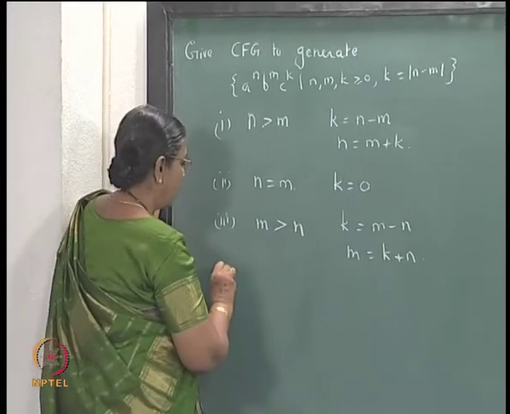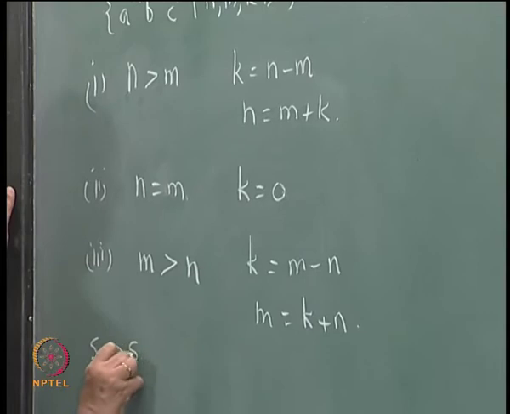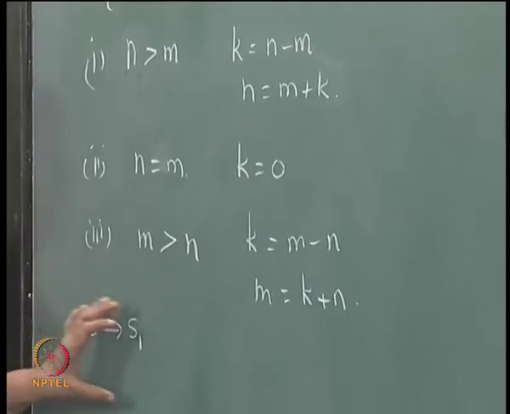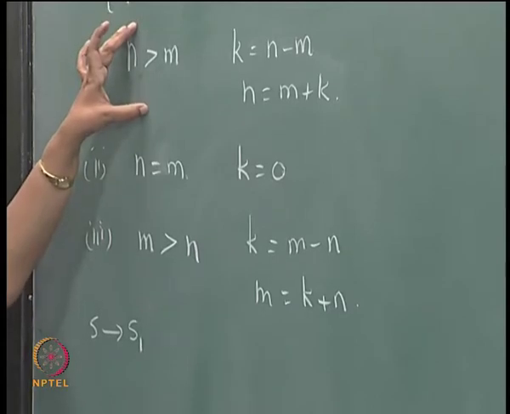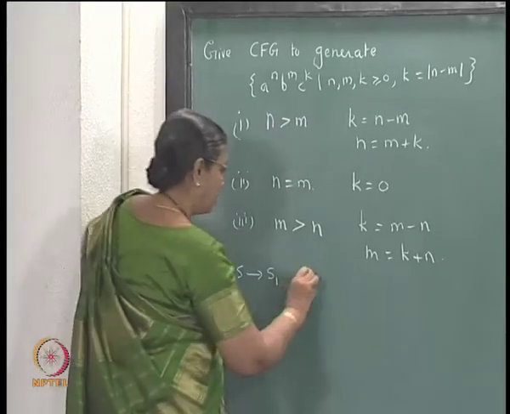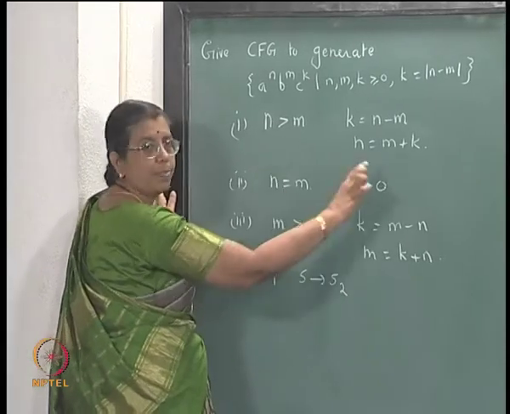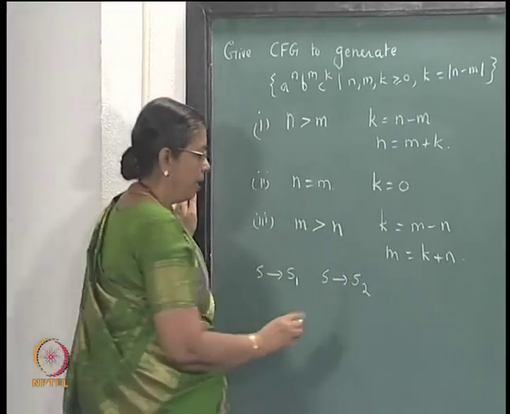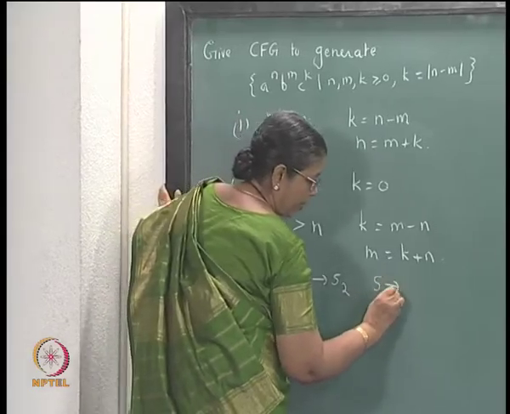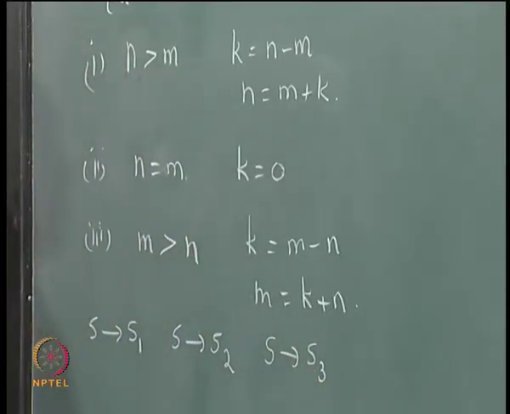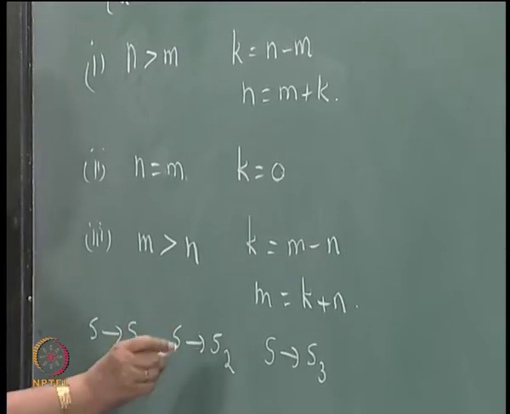So, you can have S goes to S1 where S is the start symbol, and S1 will generate this portion. Then S goes to S2, S2 will generate this portion. S goes to S3 and S3 will generate this portion. So, the second one is very easy.